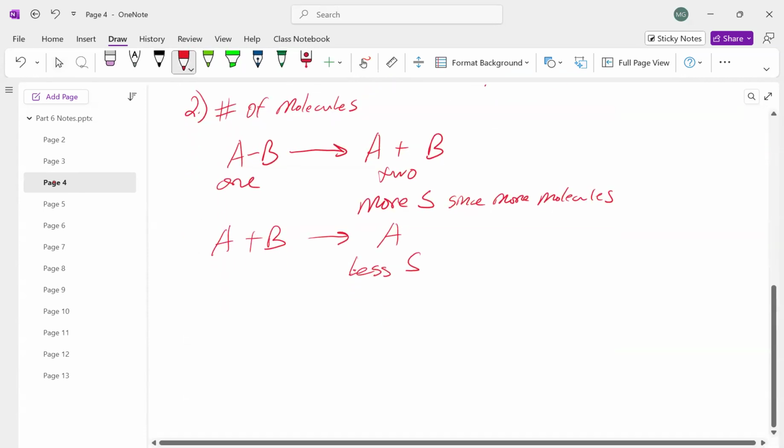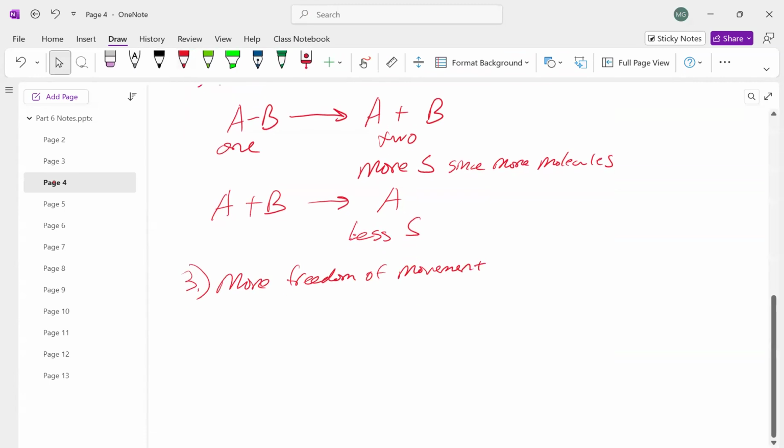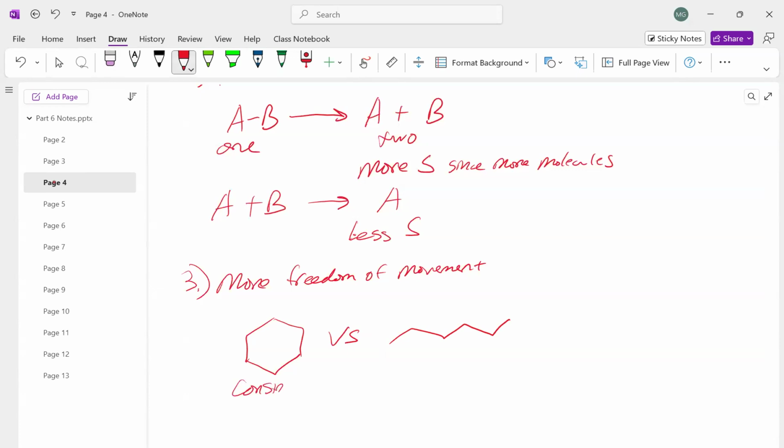And finally, the third thing where we can judge the sign of entropy is by looking at freedom of movement. What I mean by this, let's compare, for example, cyclohexane compared to regular hexane. Cyclohexane, actually, I won't use a reaction, I'll just say versus. Cyclohexane is very highly constrained.